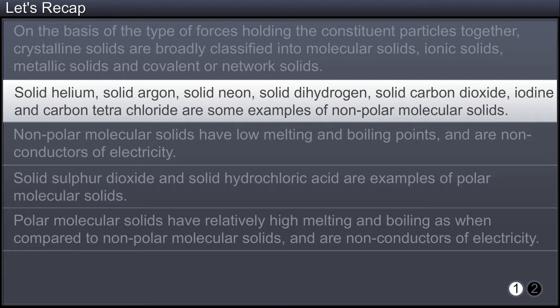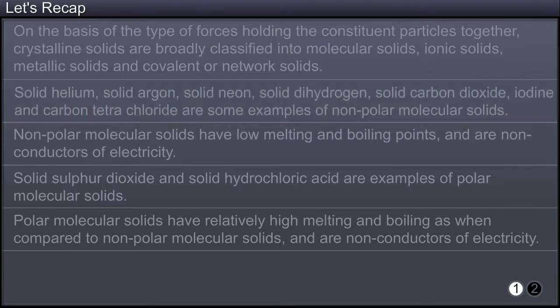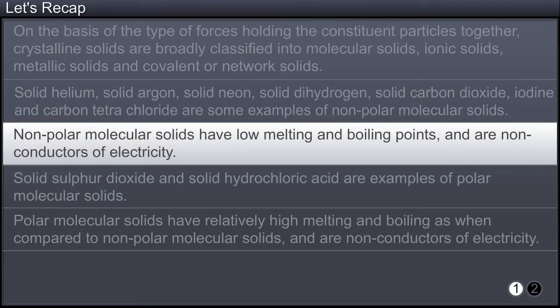Solid helium, solid argon, solid neon, solid dihydrogen, solid carbon dioxide, iodine, and carbon tetrachloride are some examples of non-polar molecular solids. Non-polar molecular solids have low melting and boiling points and are non-conductors of electricity.